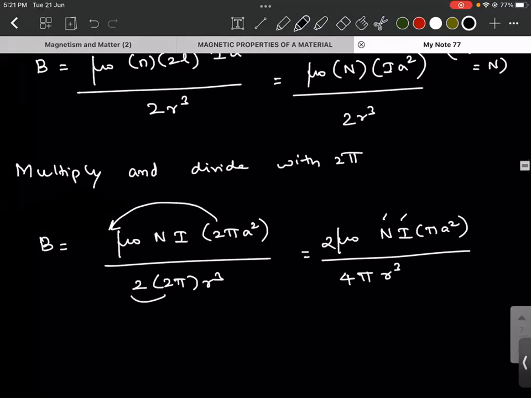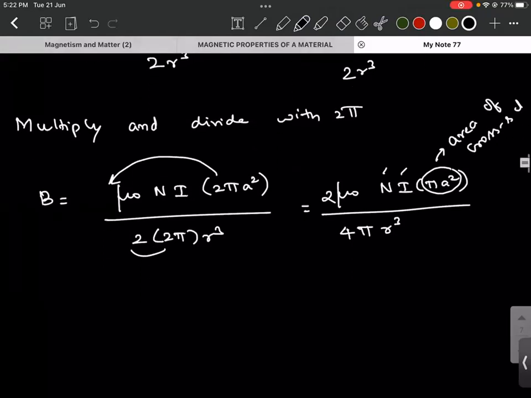What is n into I into, what is pi a square? What is pi a square? Pi a square is going to be the area of cross section.